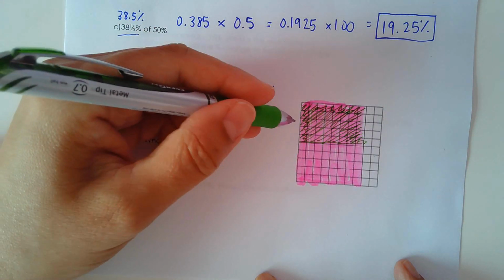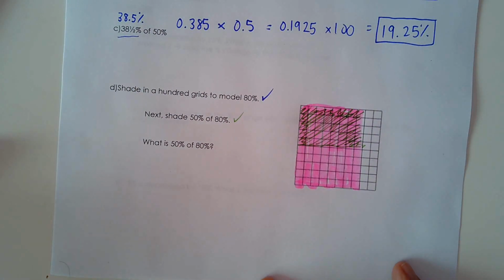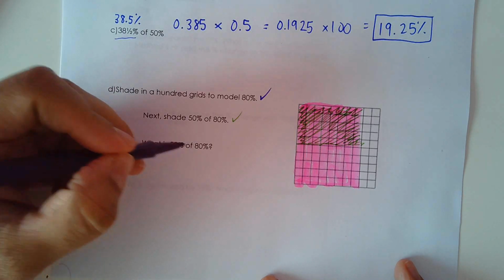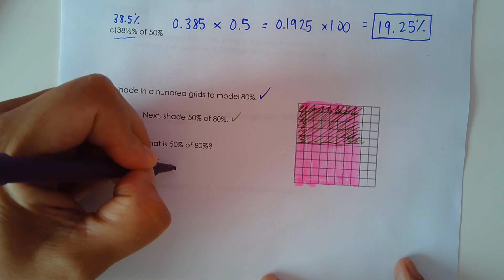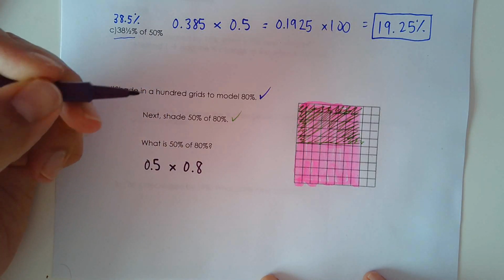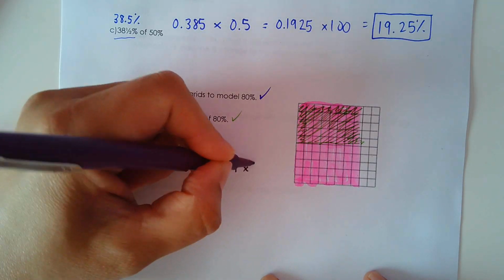So I'm thinking it's going to be 40%, and let me just double check my answer using a calculation. So what is 50% of 80%? Well, I change both of them into decimals. 0.5 times 0.8, which is 0.4.